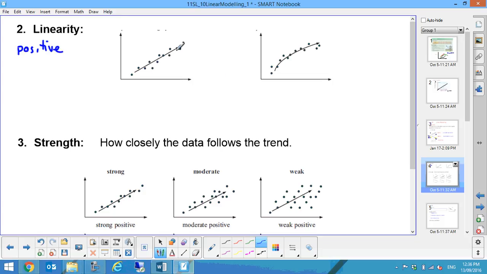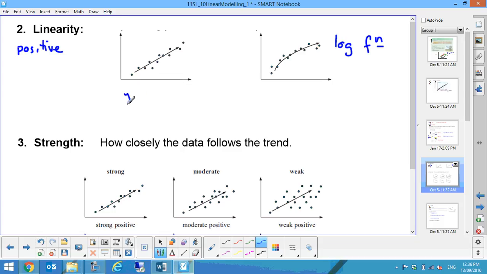But here, this makes a nice straight line, whereas this one's curved. And that curve should look familiar to you. Hopefully that reminds you of the log graph, or the log function. So that's a logarithmic relationship, whereas this is a linear relationship.